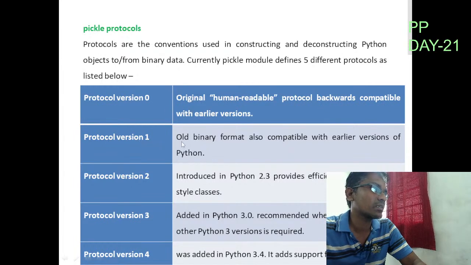Protocol version 1 is the old binary format. Protocol version 2 was introduced in Python 2.3. Protocol version 3 was added in 3.0. Protocol version 4 was added in 3.4. These are the different protocol versions.